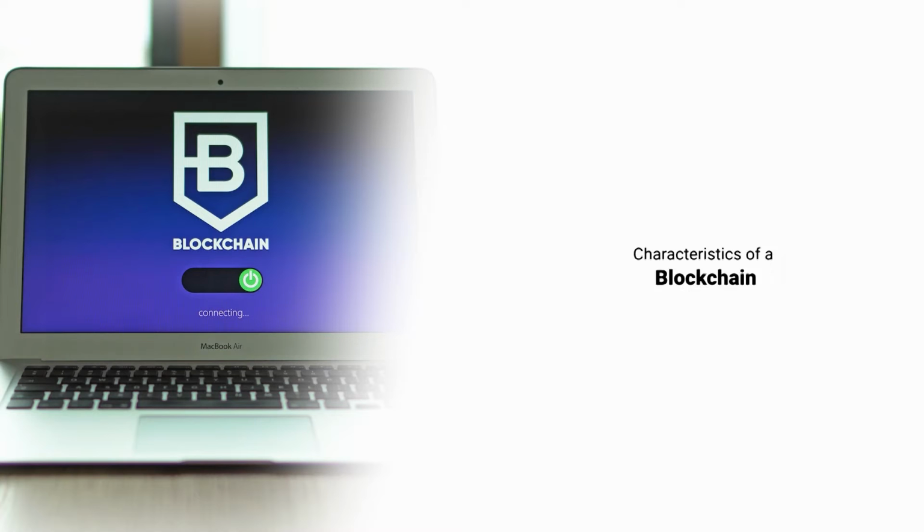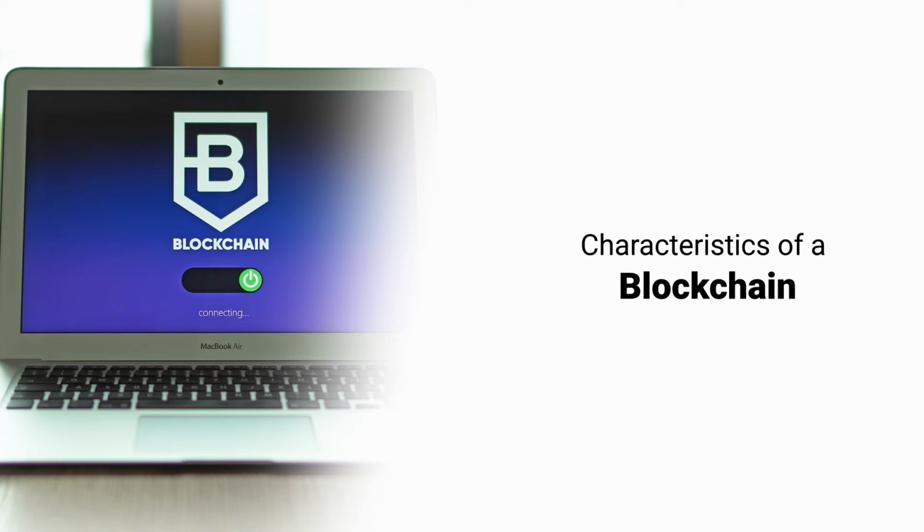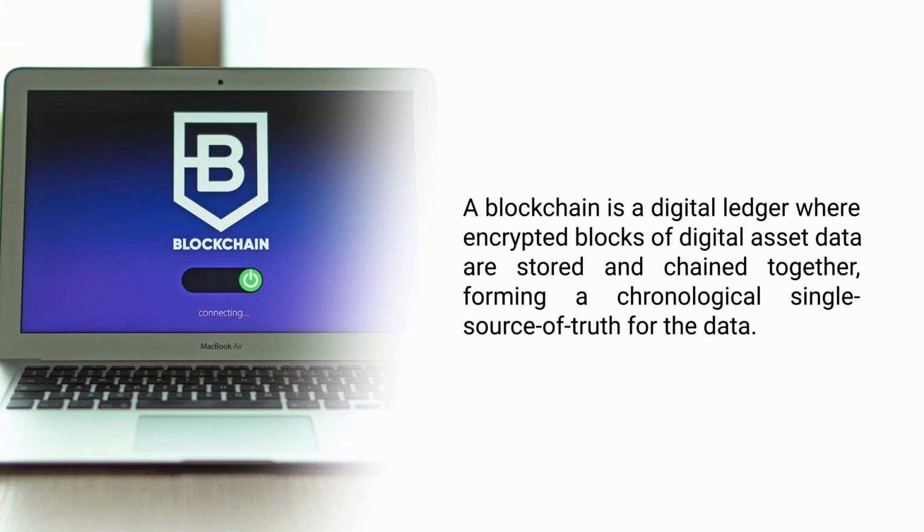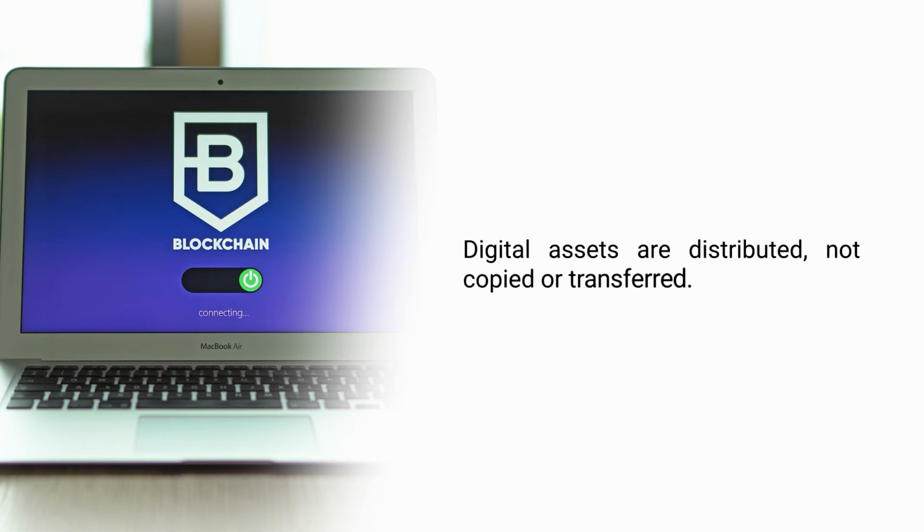Let us study the characteristics of a blockchain. A blockchain is a digital ledger where encrypted blocks of digital asset data are stored and chained together, forming a chronological single source of truth for the data. Digital assets are distributed, not copied or transferred.